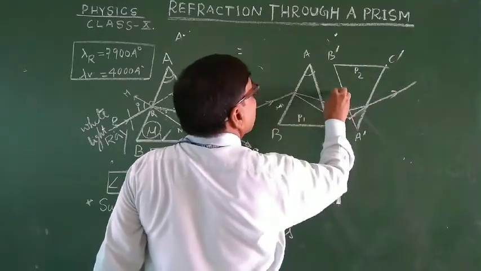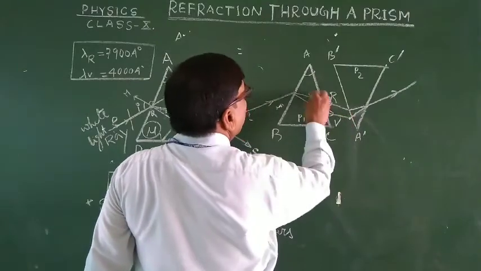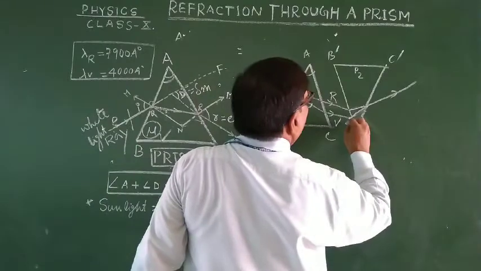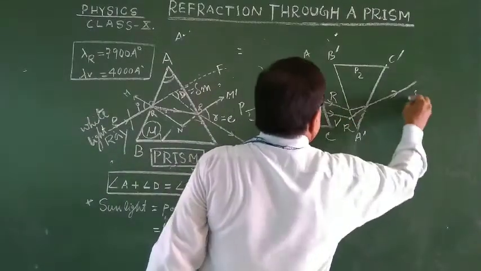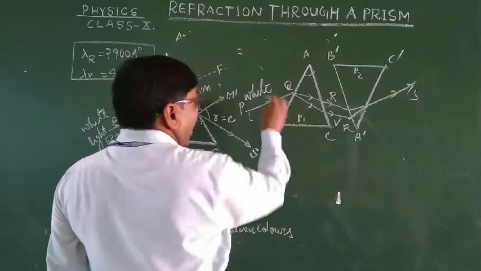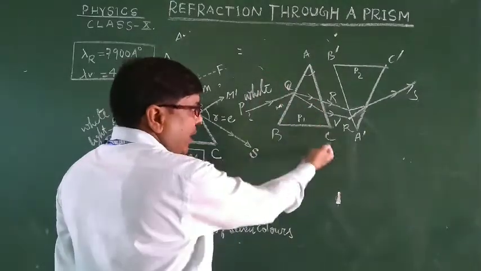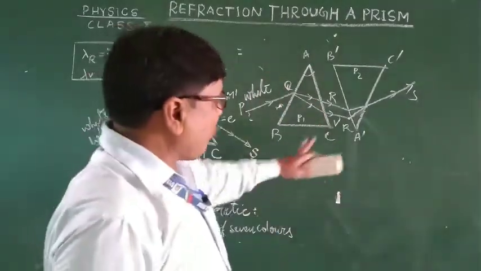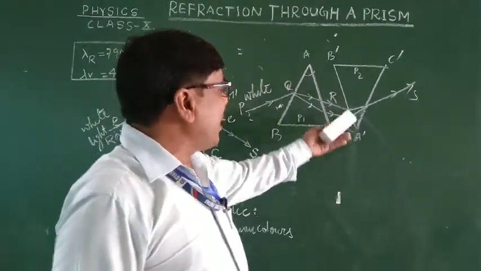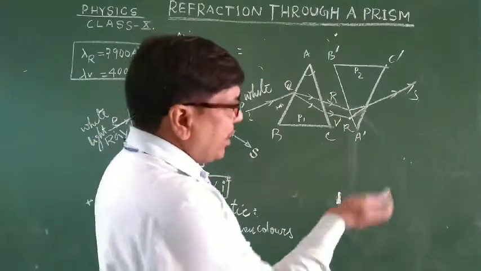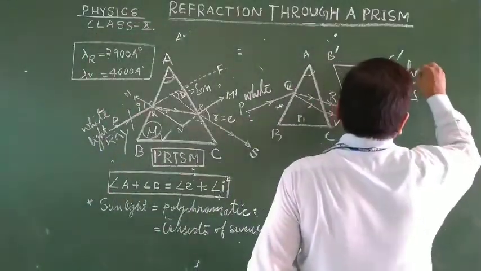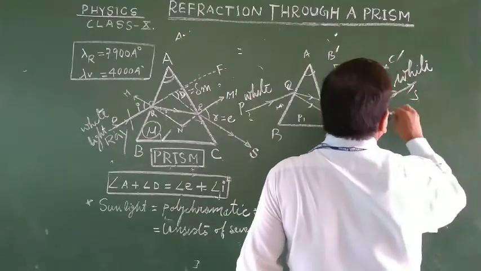So supposing this is P, Q, R, S. White light in this medium breaks into 7 colors, and if the second prism is kept in such a way that the prism angles are opposite to each other, then again it recombines to form a white beam of light.